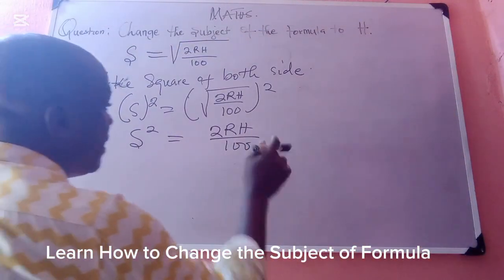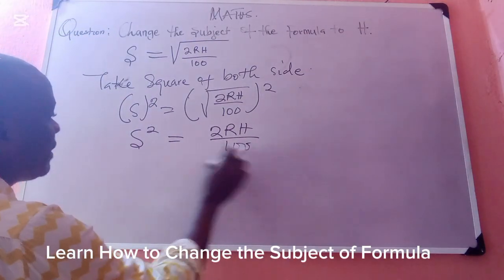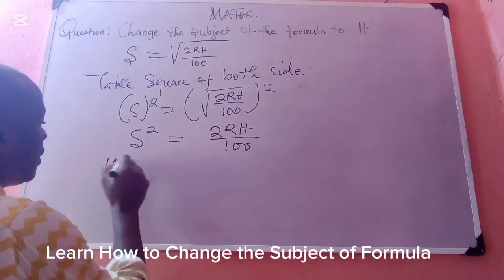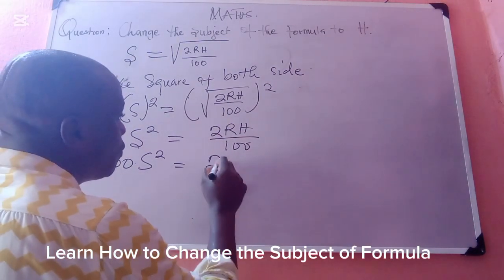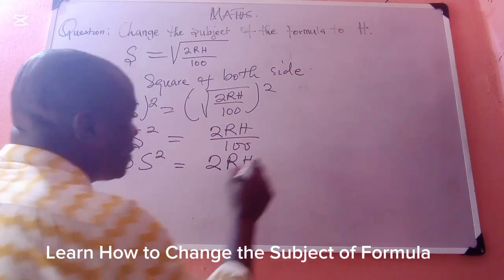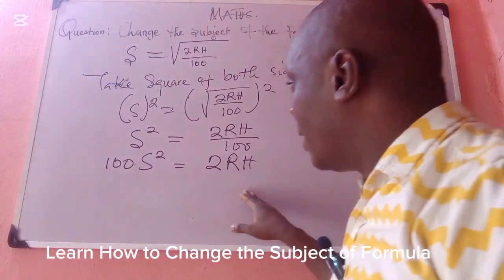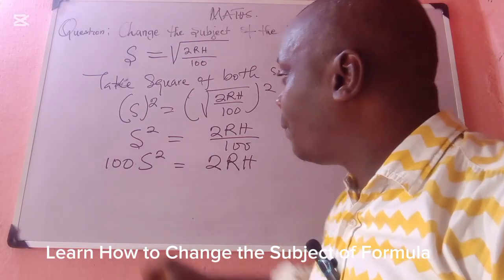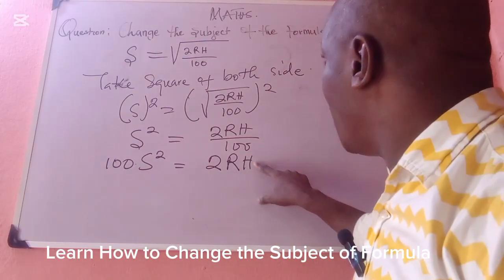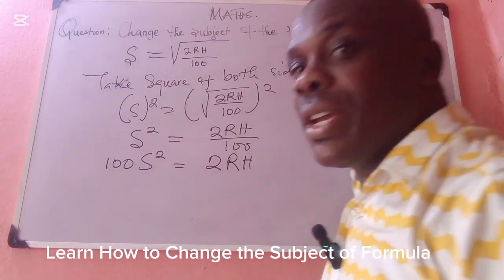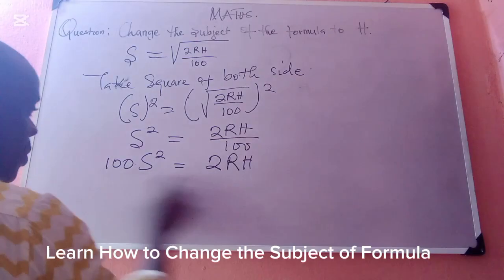So we now have 100 S raised to power 2 equals 2H. We are making it a linear equation now. But our major aim is to look for H, to make H the subject of this equation.